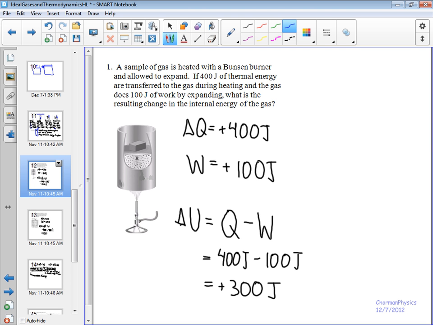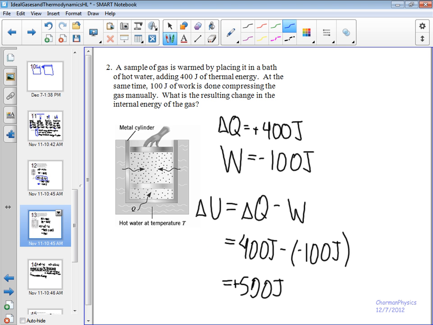If the gas has energy added to it, and then energy leaves the gas because it does some work, we have to find the difference between both of those, which is what this equation does for us right here. And we see that the total change in internal energy of the gas is equal to positive 300 joules. Hopefully that makes sense. It's just an energy balance: how much is leaving the gas by the work it does, how much is being added to it by the heating.